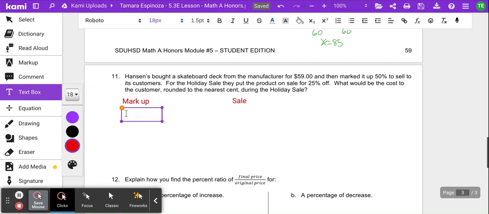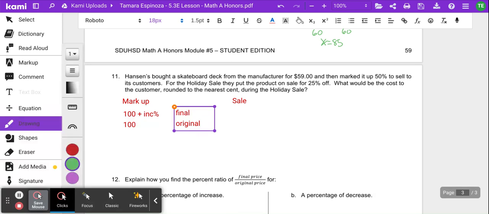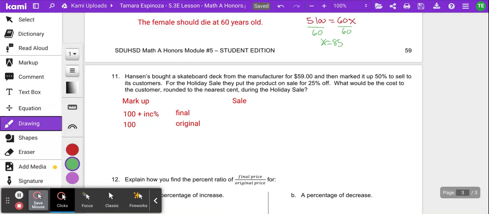For the markup, I'm doing my 100 plus my increase percentage over 100 equals my final over original. And then for my sale, I've got to do a discount from what I had.